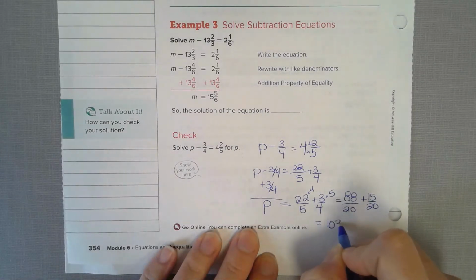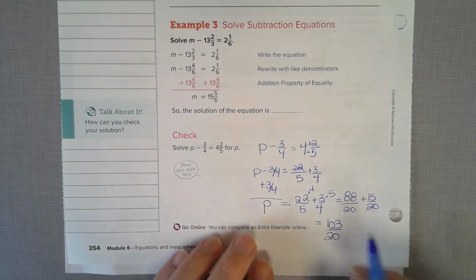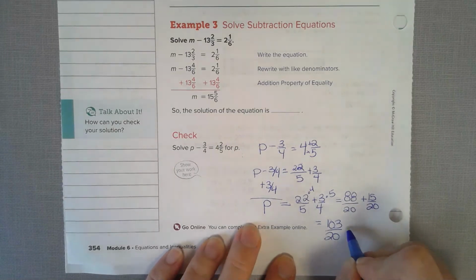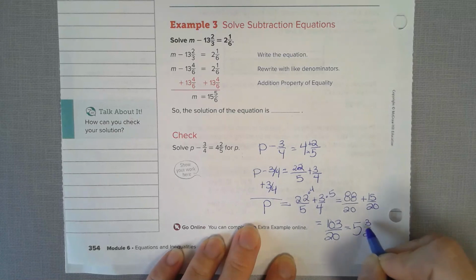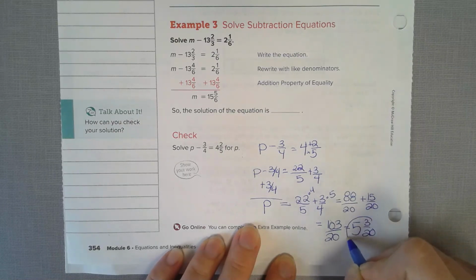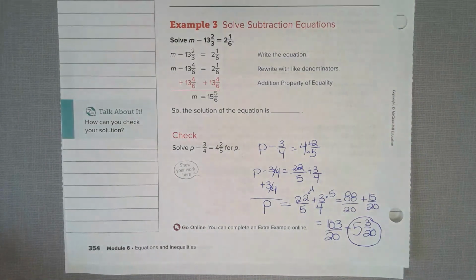We get 103/20. We need to make that improper fraction a mixed number. So 20 goes into 103 5 times, with 3 left over. And we're going to stop there and work on the practice problems in the workbook.